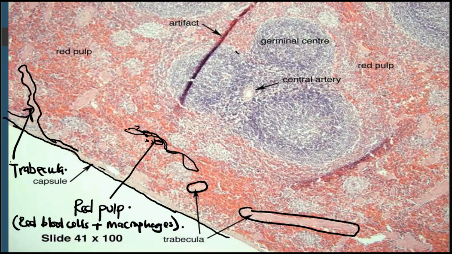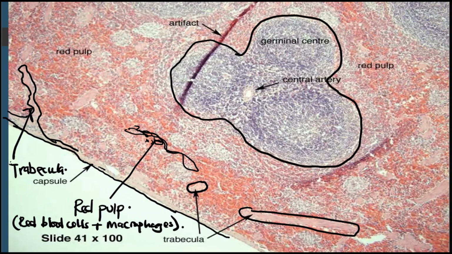What you see here, they appear like nodules. These are what we call lymphatic nodules. These lymphatic nodules are found in the white pulp. So this is a lymphatic nodule.